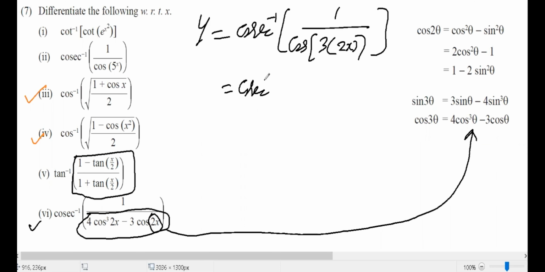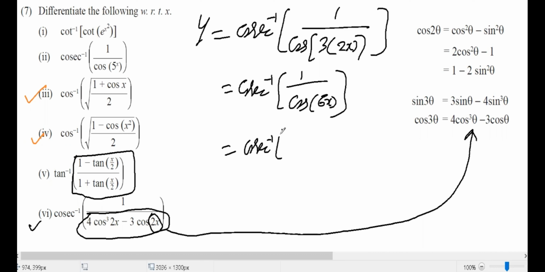So I will get cosec inverse of 1 upon cos of 6x. But what is 1 upon cos? 1 upon cos is nothing but sec, right? So I can write cosec inverse of sec of 6x. But my intention is to convert this into cosec. How can I convert that?